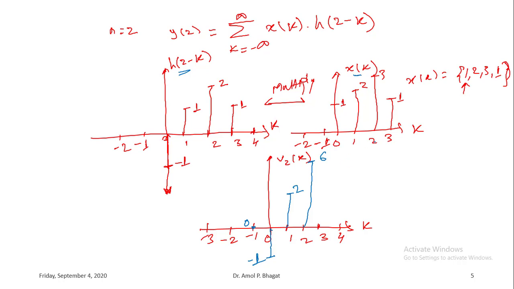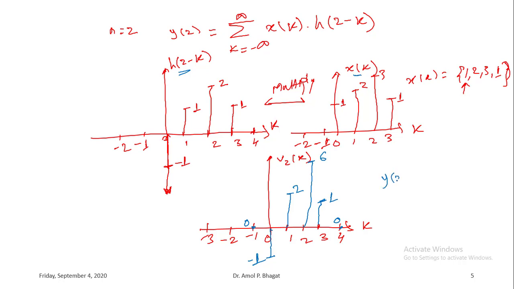Again at 3 it is 1, at 3 it is 1, so it will be simply 1. So likewise you are obtaining the product sequence. At 4 no value is there, at 4 no value, so it will be simply 0.